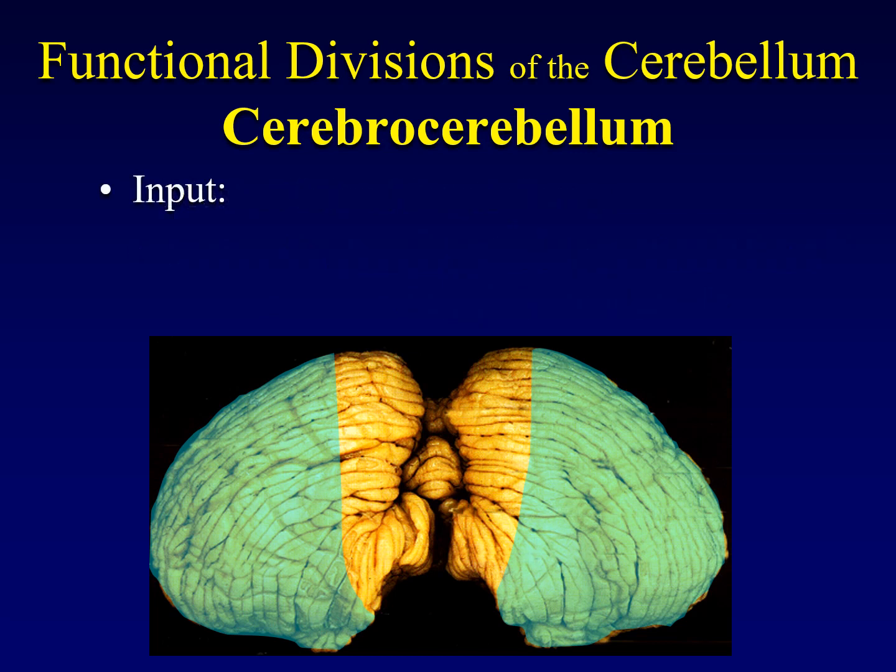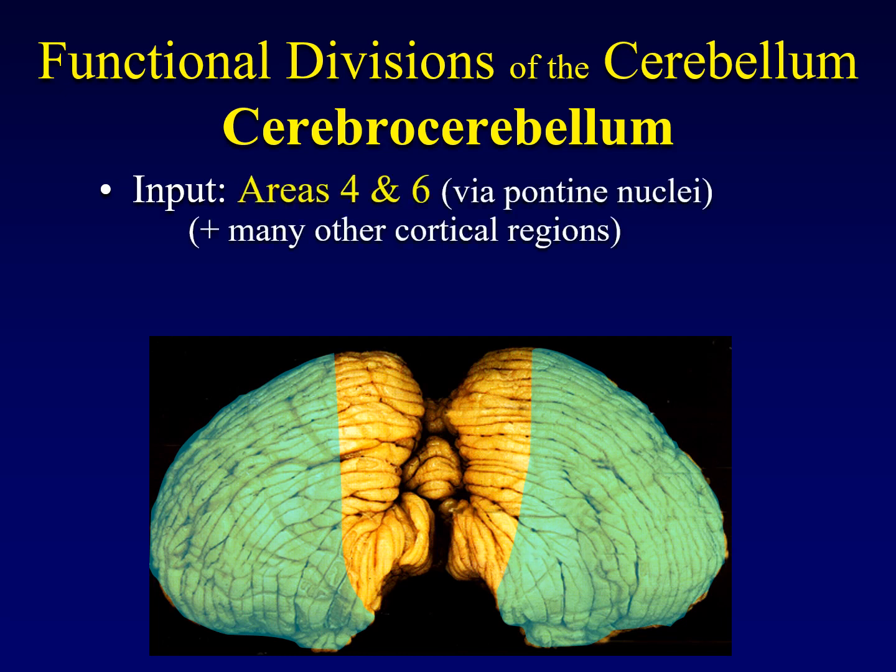The input comes from the cerebrum, obviously, and this is going to be a place where I'd like you to use some logic here. If you're concerned about planning and timing and initiation, you need to be talking to the motor areas of the cortex, and that's going to be primarily areas 4, that's of course the primary motor cortex, and 6, which is part of the premotor and supplementary motor areas.